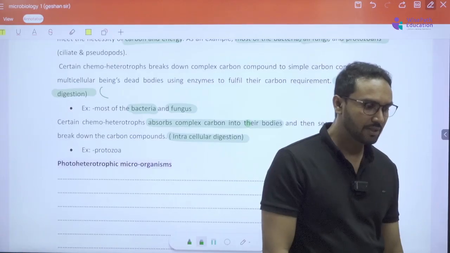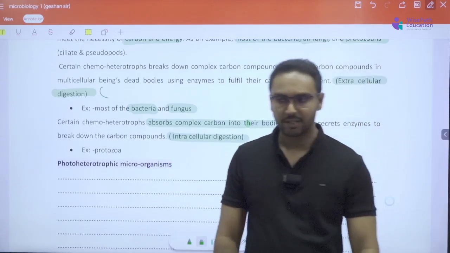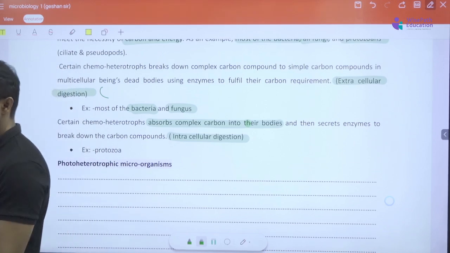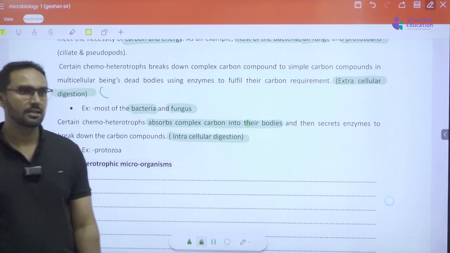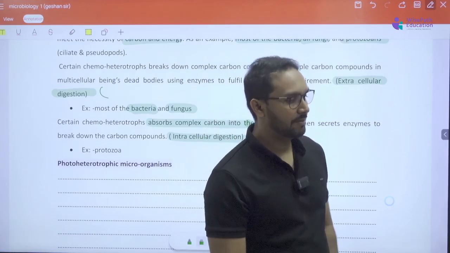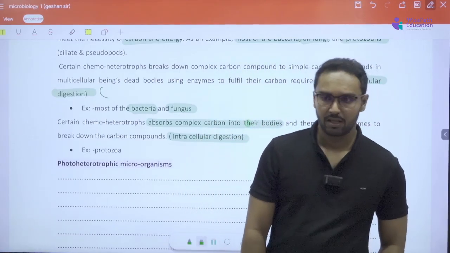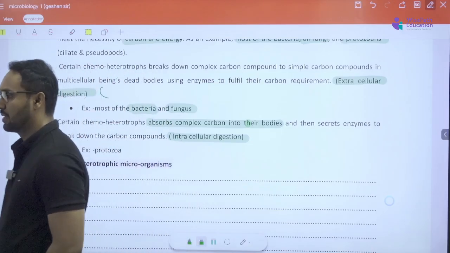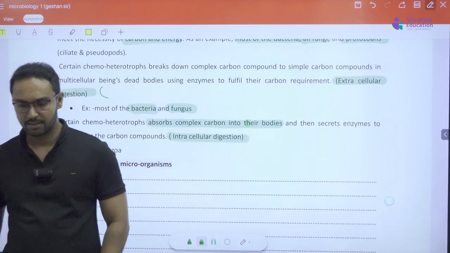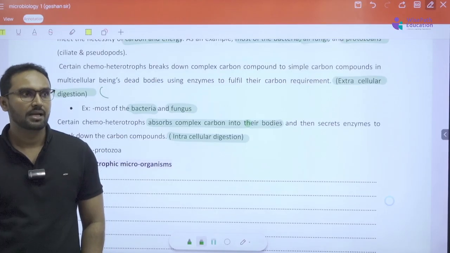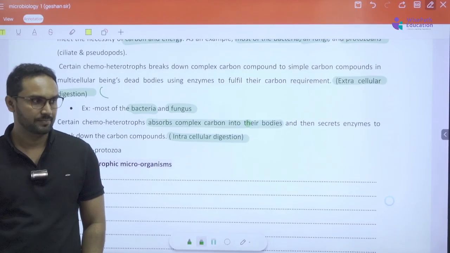It grabs the food particles into the cell, and digestion happens inside the cell.